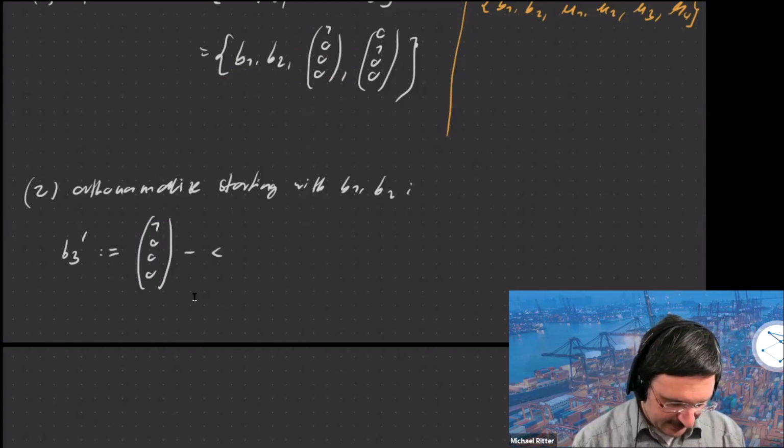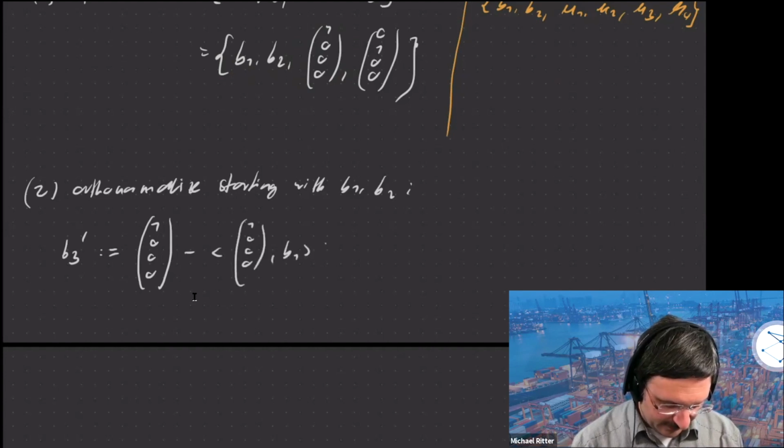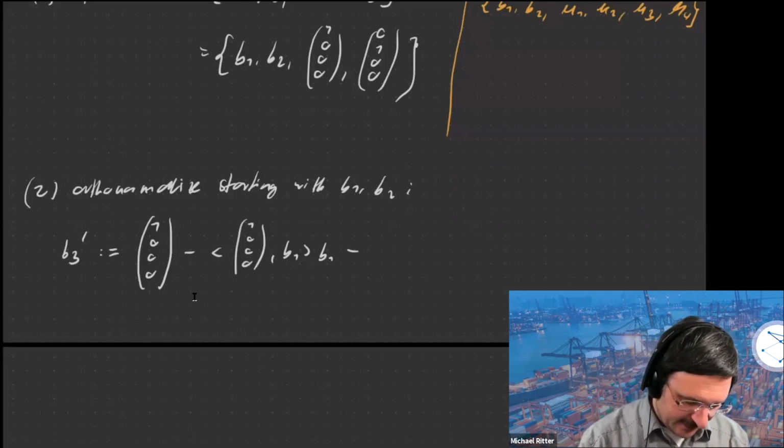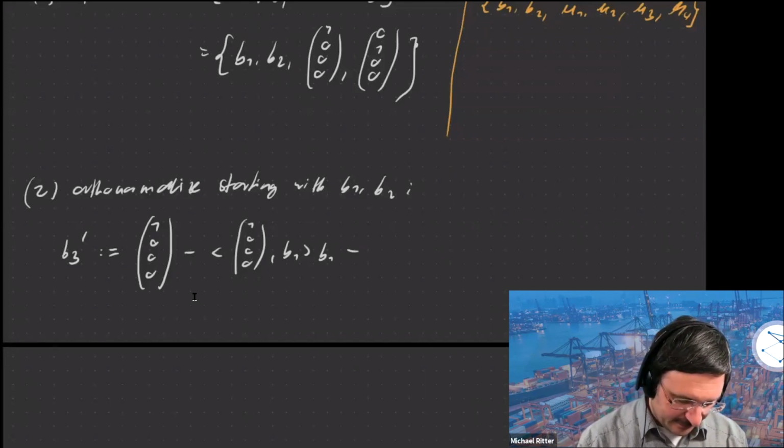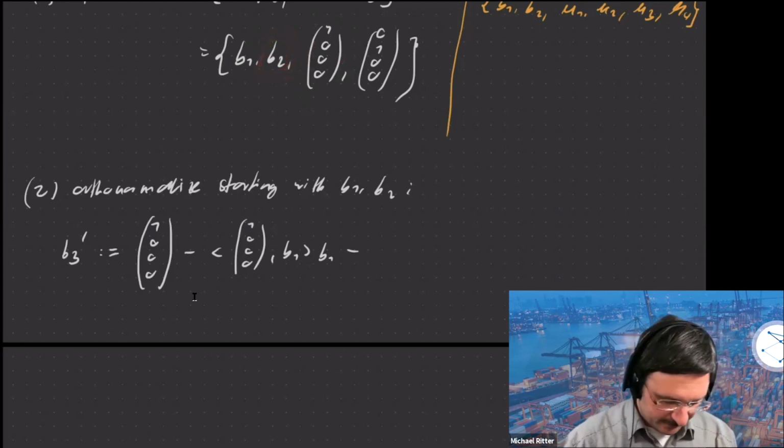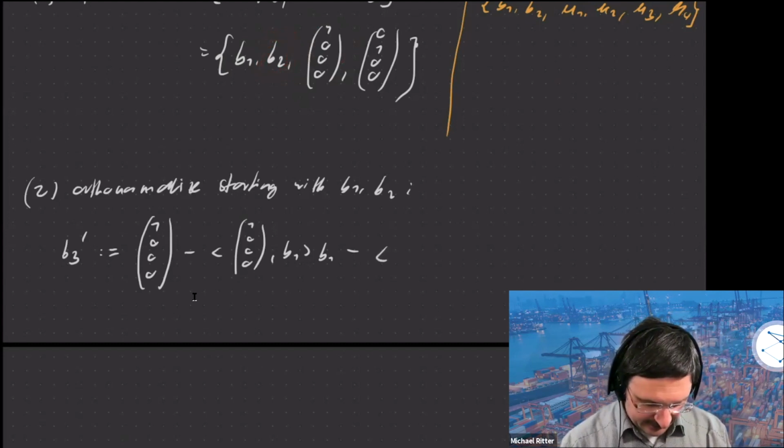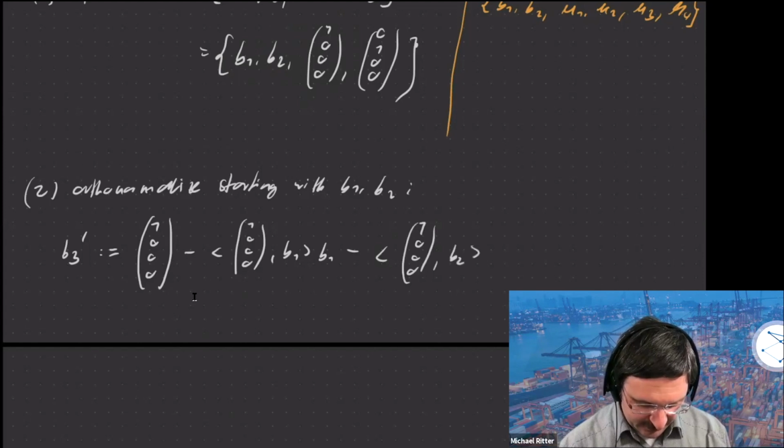1, 0, 0, 0 times b1 times b1. And then, next step, we subtract the product of this vector that is parallel to b2 in the same way. So we take the scalar product of 1, 0, 0, 0 with b2 times b2.